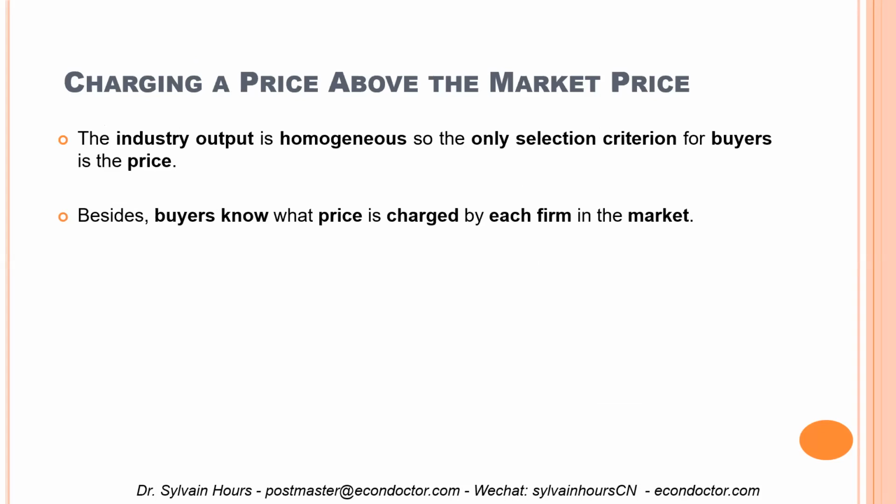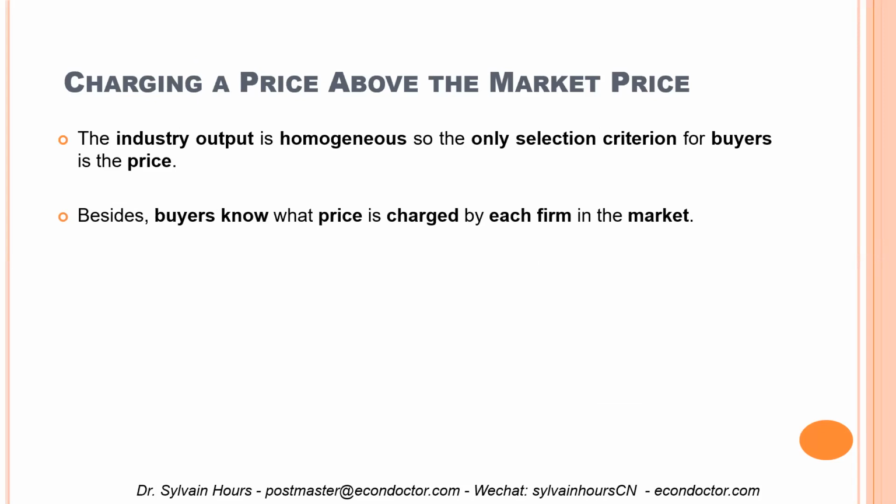The market price is $10 and I try to sell my product at $12. Because there is perfect information in that market, buyers know that the market price is $10. They know that everybody else is selling the product at $10.